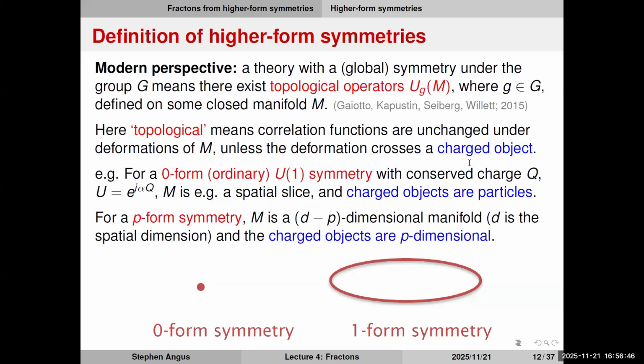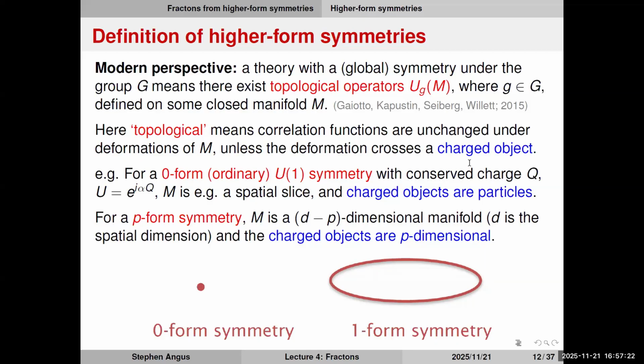I explained this yesterday, but I'll briefly review some key points for people who weren't there. In the modern perspective of symmetry, a theory with a global symmetry under some symmetry group G means that there exist some topological operators U(g) on some closed manifold M, where little g is an element of the symmetry group.